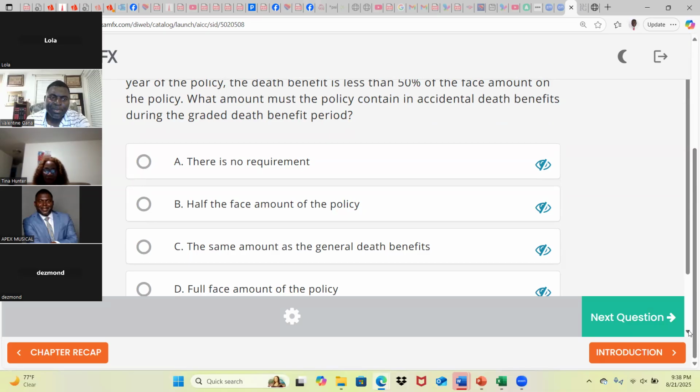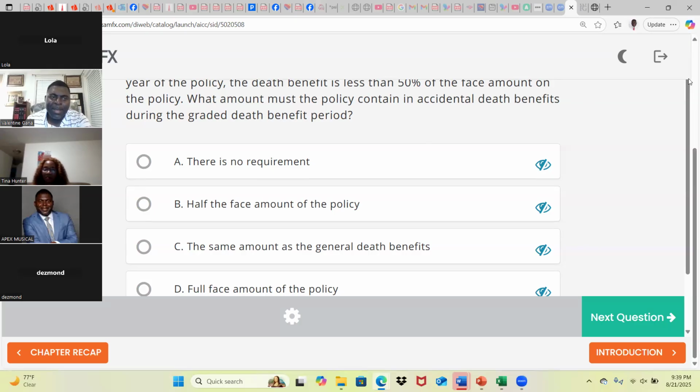I don't know. It's a tricky question because there's a reason why they put accidental death benefits. Okay, the person got in an accident, but the person already has the policy. Is that not a rider?